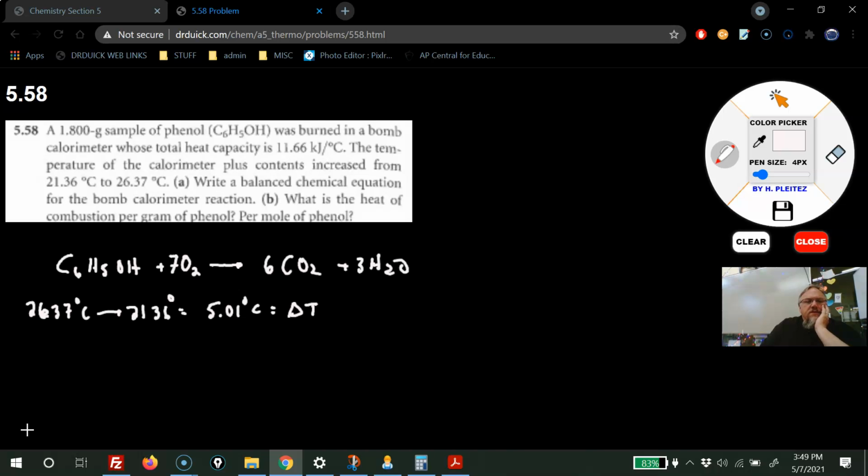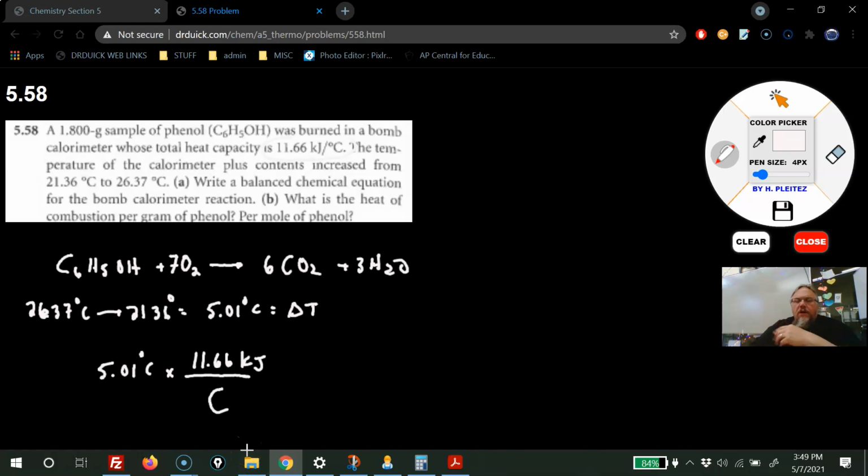Now we get this number, and we have to use it. For every 5.01 degrees Celsius that we change, we multiply this number by 11.66 kilojoules per degree Celsius.